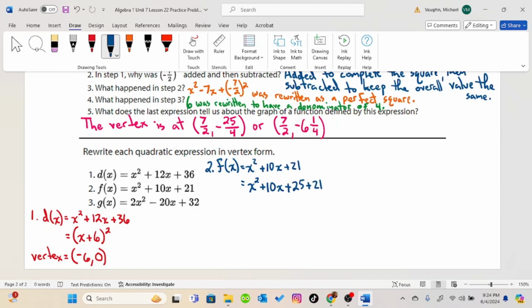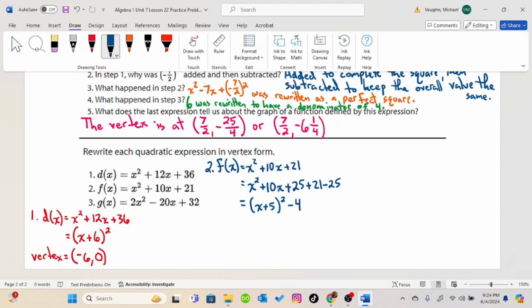But if we add 25, we must also subtract 25. So now we can write this as a perfect square. So it becomes x plus 5 squared, and then 21 minus 25 is -4.